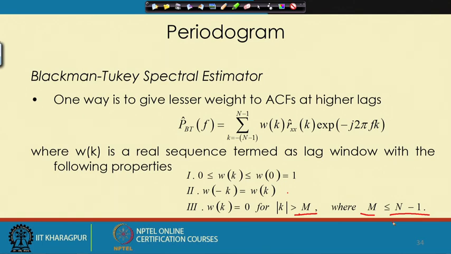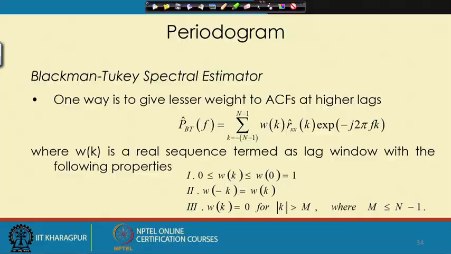We should stop it much before that, at some value m. Beyond that, we know the estimates are so unreliable, there is no point in using them. Because if we try to take them, we may have more noise rather than real input. So, we curtail that, we use only the central portion of the estimates and weight them to give maximum weight to the 0th lag, and for the other lags we give some appropriate weights, and that window should be an even window.